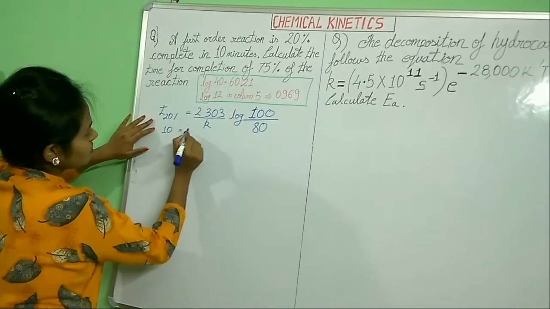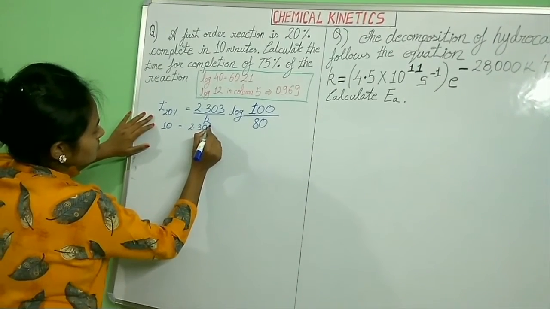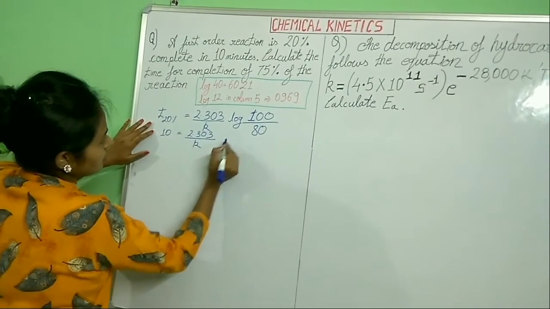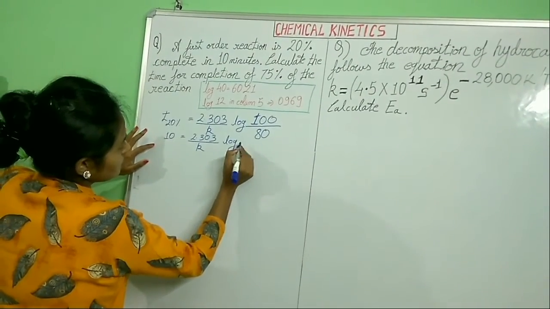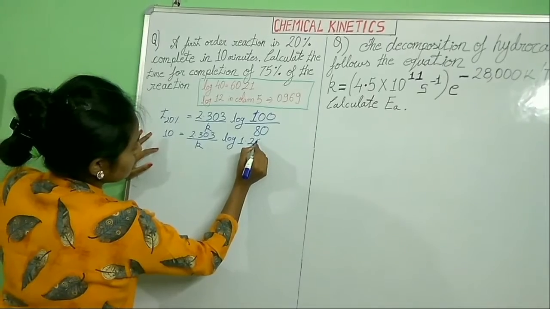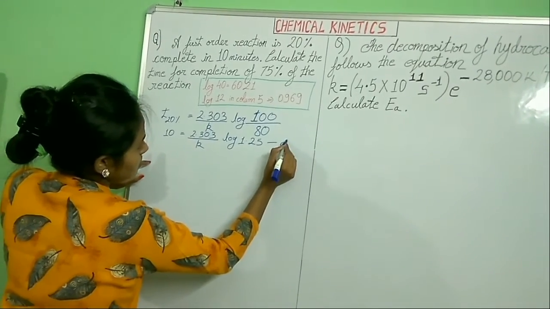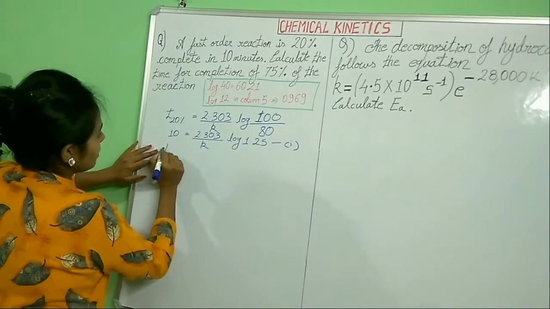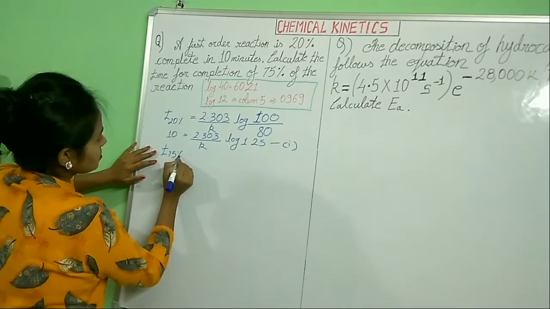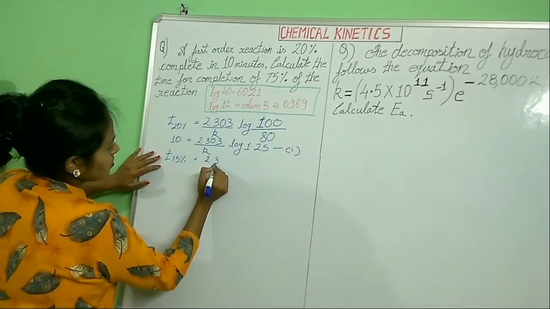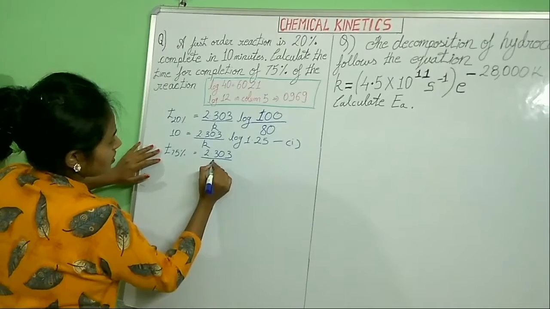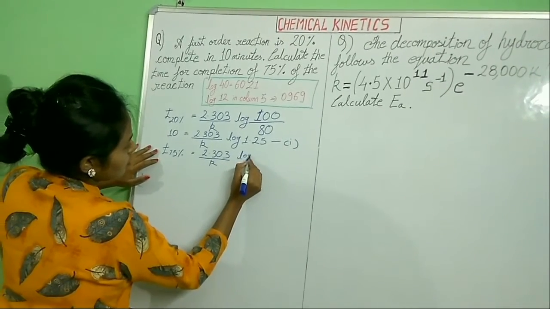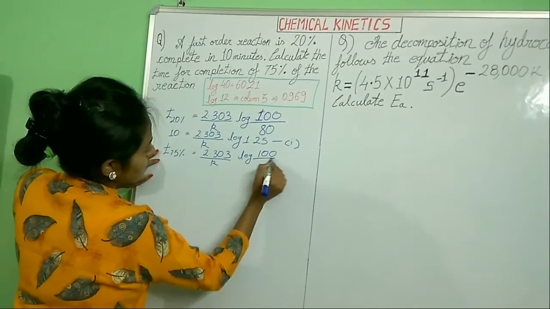Yes, so for completion of 20%, how much time is being taken? 10. 10 equal to 2.303 by k log 100 by 80, that is log 1.25. It will be equation 1. Now time taken for 75% will be 2.303 by k log 100 by 25.